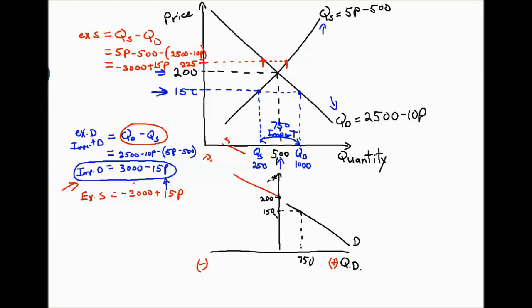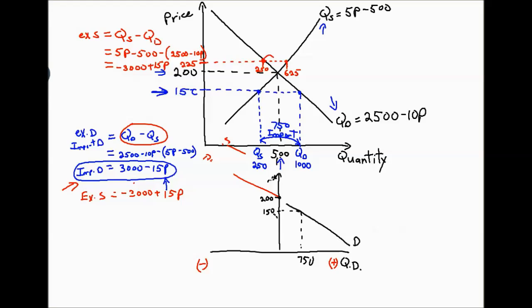It turns out that at 225, the quantity demanded works out to be 250. So this number right here is 250. And the quantity supplied at 225 works out to be 625.